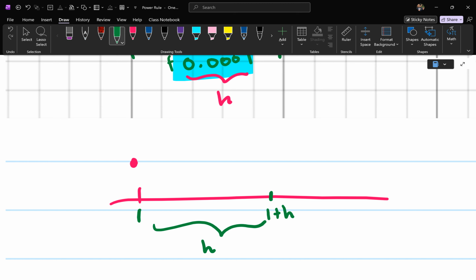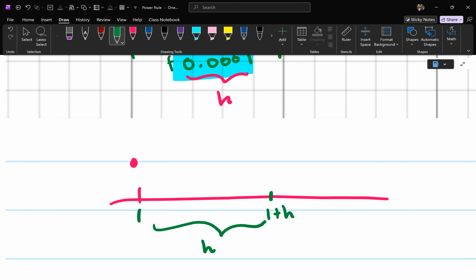What is h? H is that small number. Could be 1 unit away, could be half a unit away, could be 0.1 unit away, or could be 0.0001 away. The point is h represents the distance from your starting point. That's your first coordinate, which you all agreed. My second x coordinate that I'm choosing is going to be very, very close to 1, just that h is a very, very, very small number. That's the theory. So far, so good?